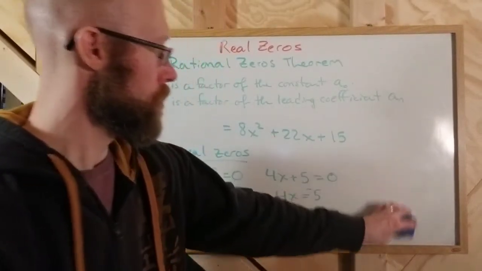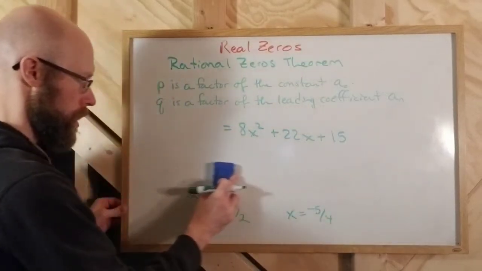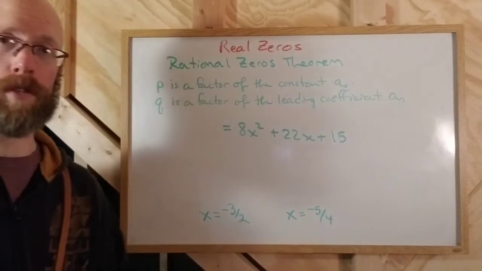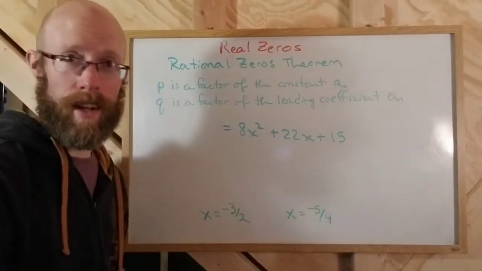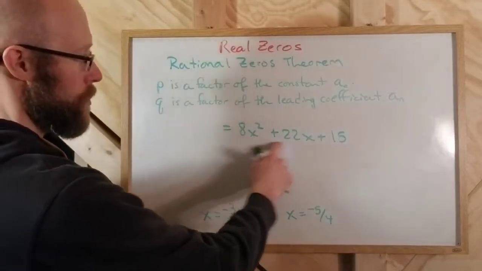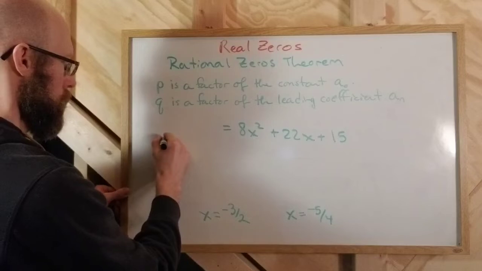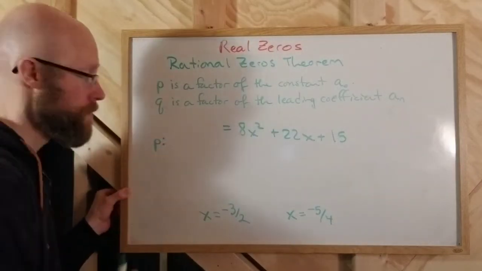Now in this example, I'll erase a little bit, but I'll keep the zeros set aside so you can verify that I got it right. We're going to list all of the factors of the constant. Those are the possible numbers that could be used for the numerator.